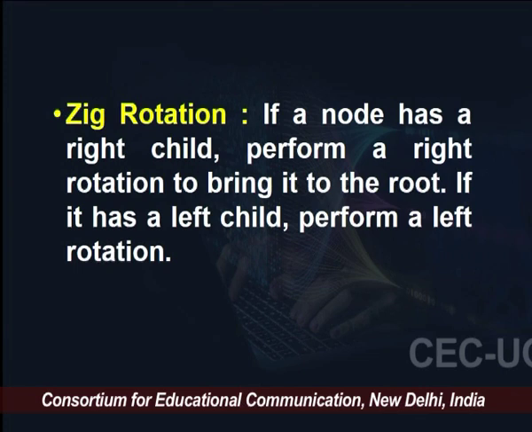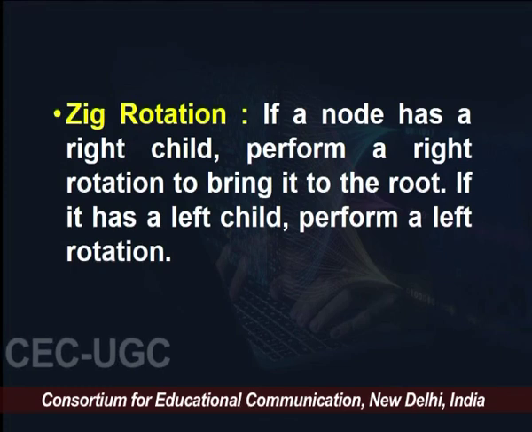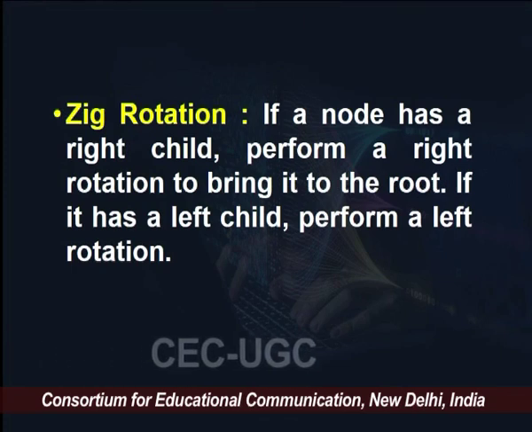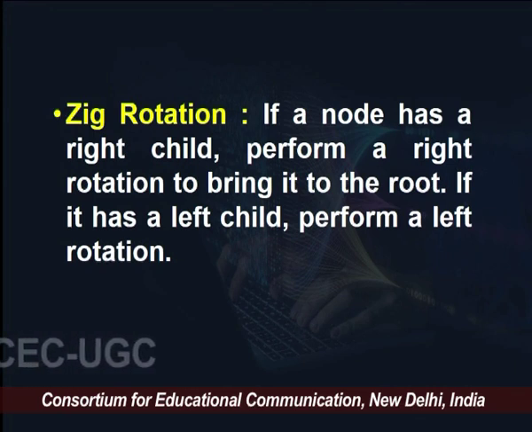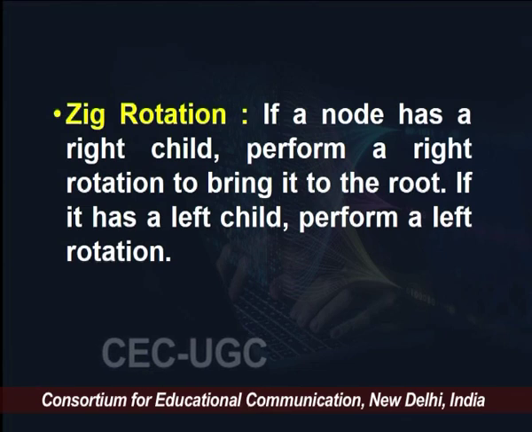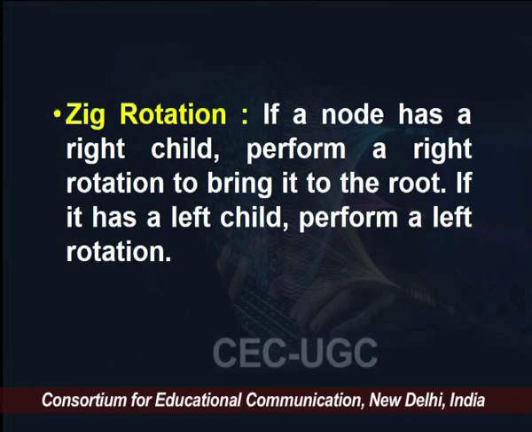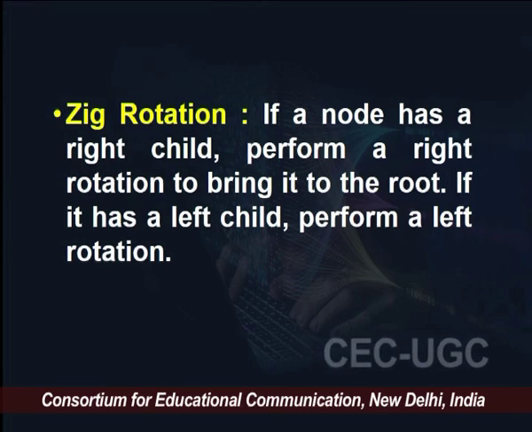First is the zig rotation. In a zig rotation, if a node has a right child, we need to perform a right rotation to bring it to the root, and if it has a left child, we need to perform a left rotation. Let us understand this zig rotation with the help of an example soon.